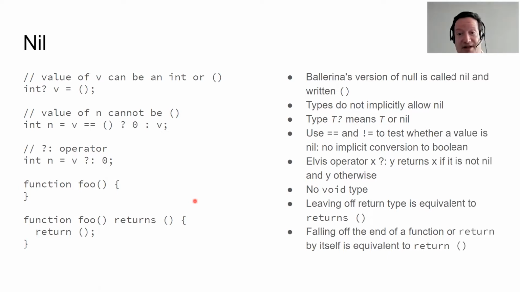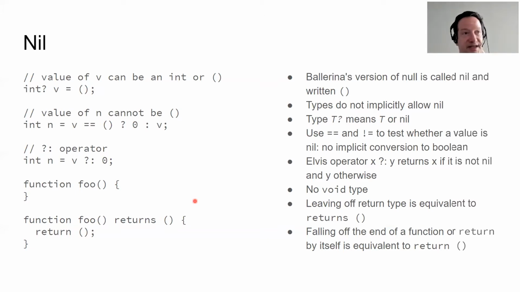If it's a string, it's a string. It doesn't allow nil. If you want to allow a string or an int or nil, then you can use this question mark operator. So int question mark v means that v is either an int or it's nil. So that's the first big difference. And that means the type system catches null pointer exceptions for you.